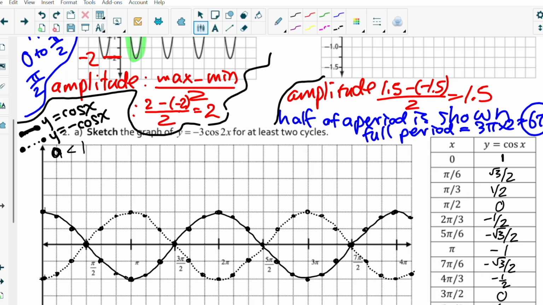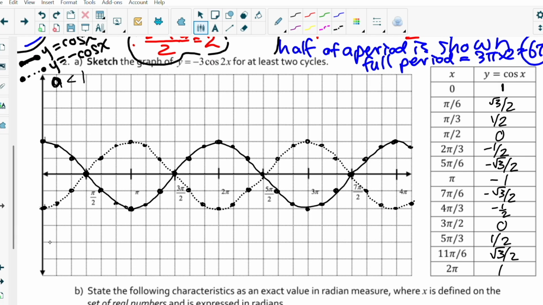Okay, so all the x values, remember this is off of the dotted line graph, right? So 1, 2, 3. Okay, x-intercepts don't change. I'm doing some of the easier ones to read because I don't want to mess up the transformation here, right?